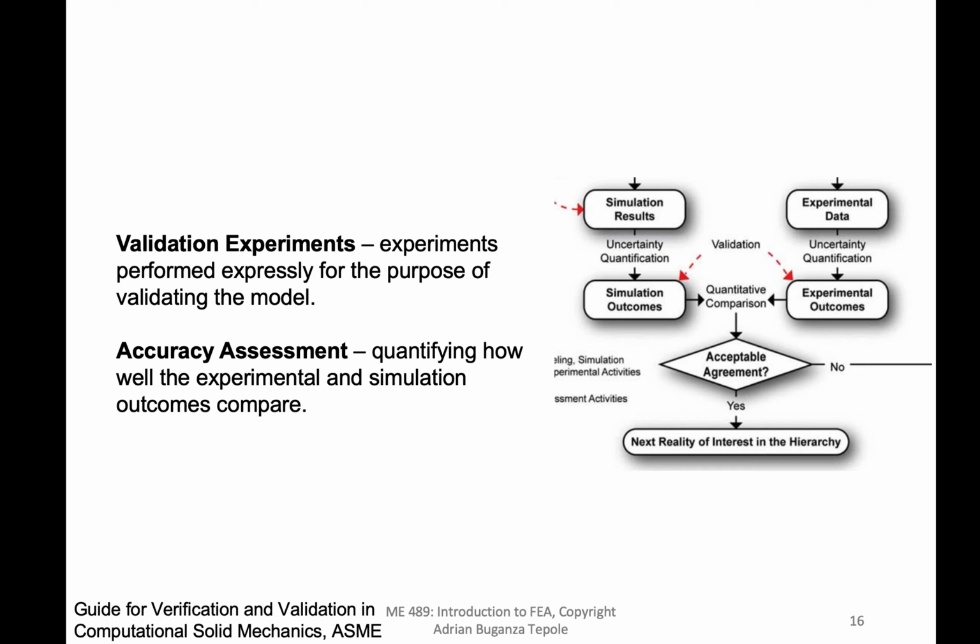How do you do that? You want to have redundancy of data, so you want to repeat experiments so that you establish confidence in the repeatability of the experiments, and you want to measure more than one thing. So you don't only want to measure a single strain at a single point, but you maybe want to measure both some load and some strains.